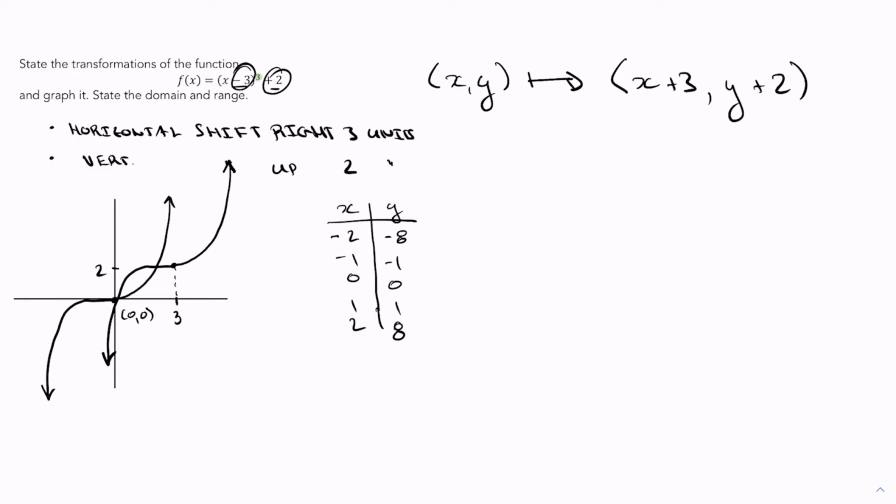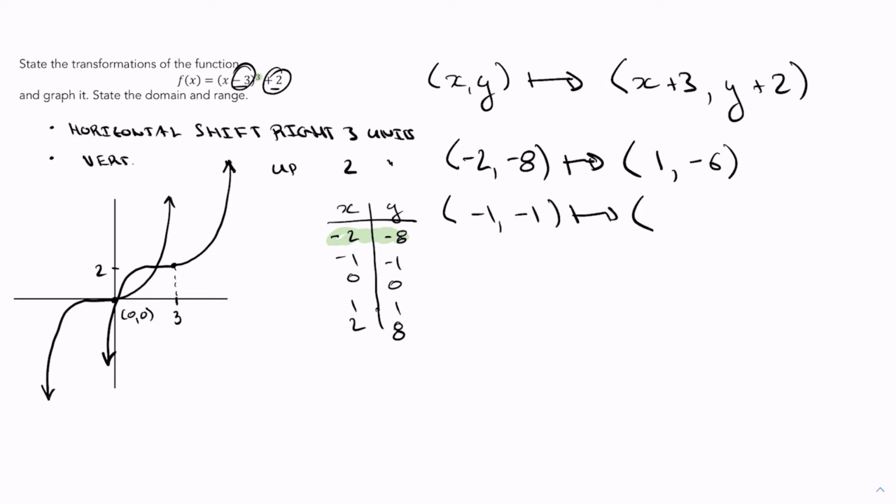So if I were to take, for example, let me apply this mapping transformation to this point here, I have (-2, -8). What does that become? Well, it becomes (1, -6). I can then look at the point (-1, -1). That becomes (2, 1).